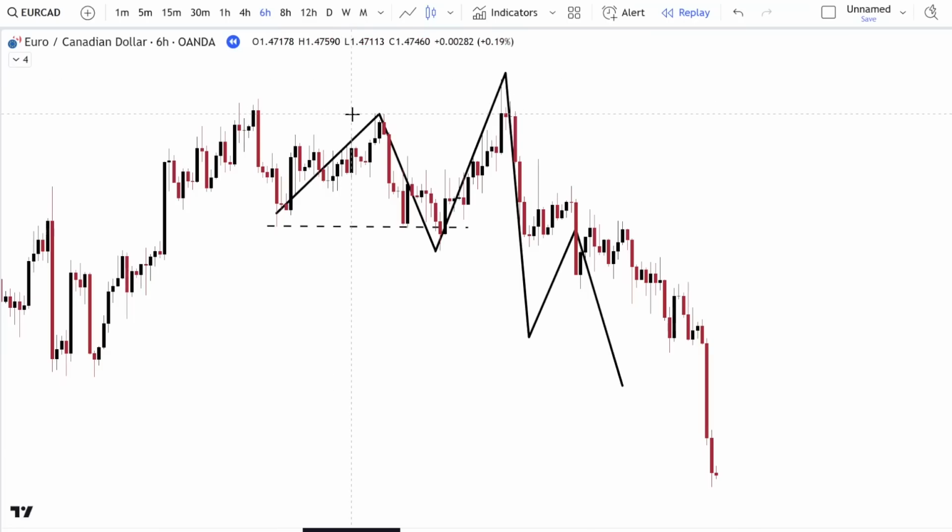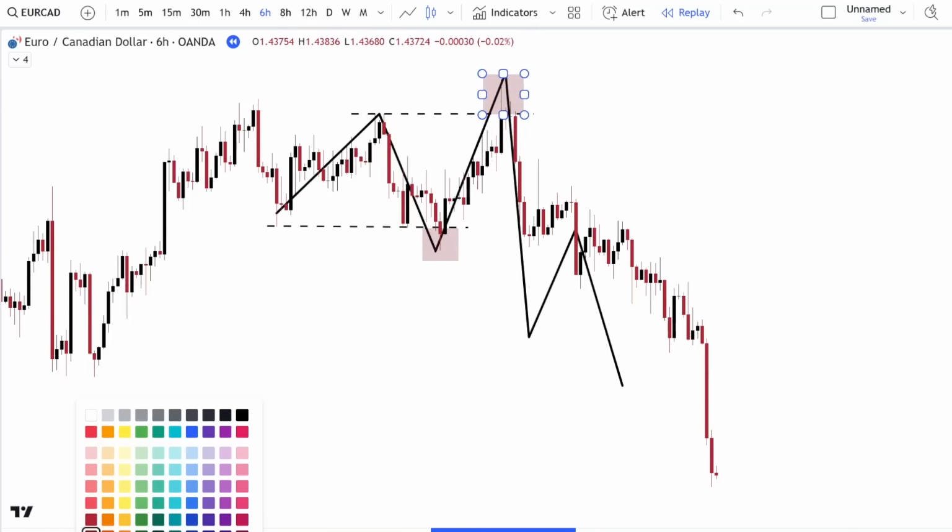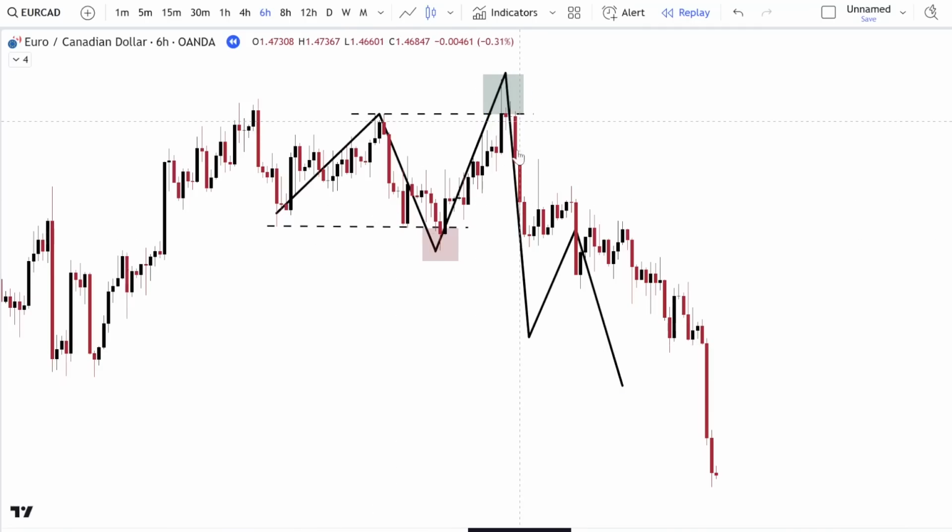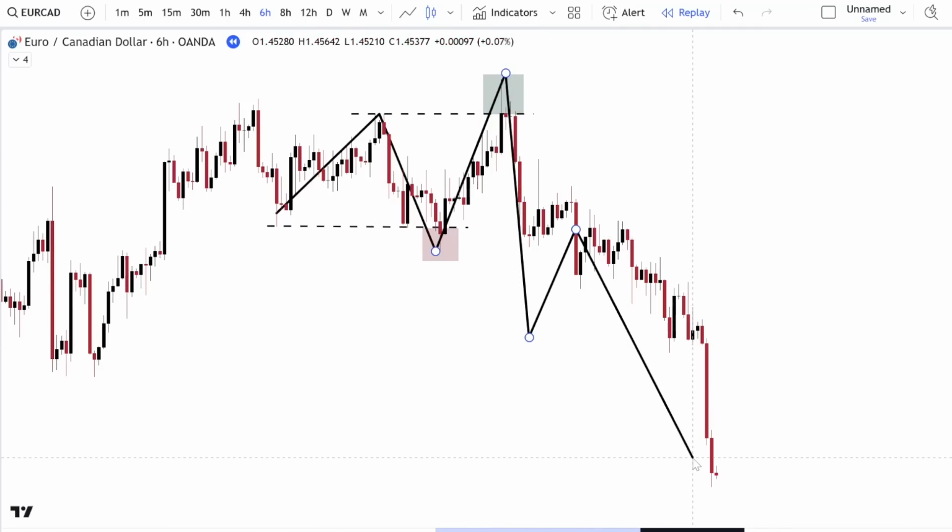So all the buyers get stopped out, which forms your double-sided liquidity sweep. Sellers being trapped right here, and your buyers being trapped right here, before price completely changing character.